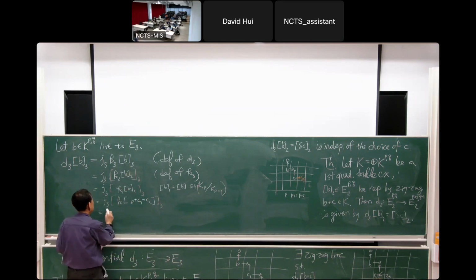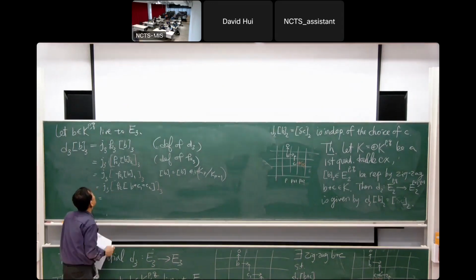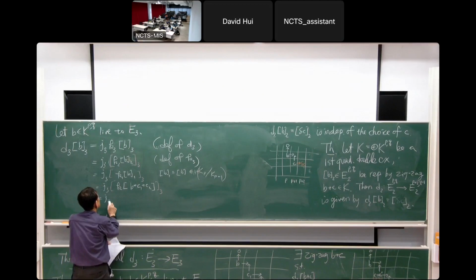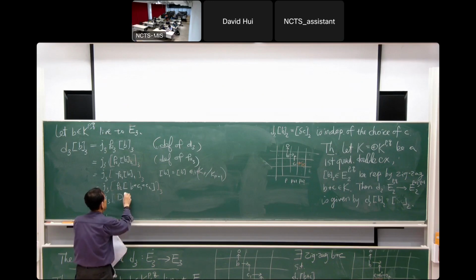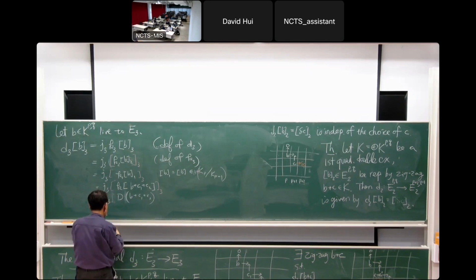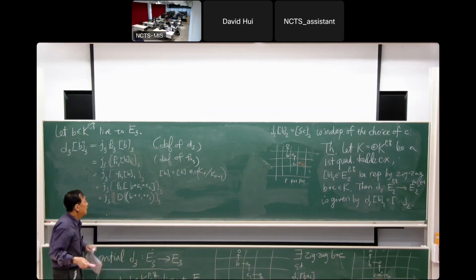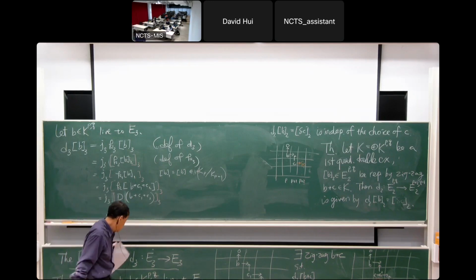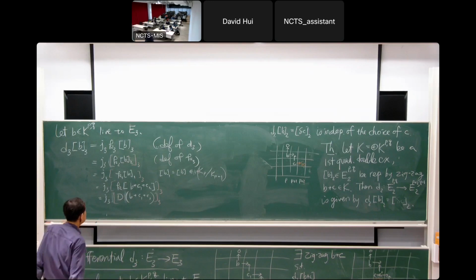And then that's given by big D. Okay, you just take big D of that. And then take its class. And big D of that, yes, is delta C2.